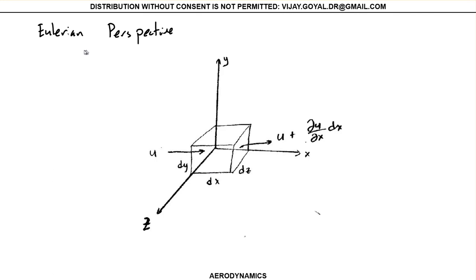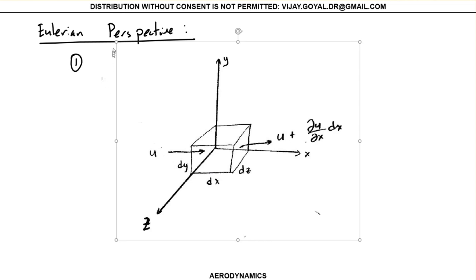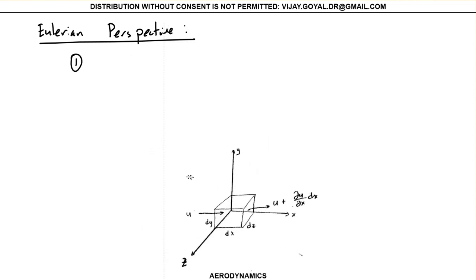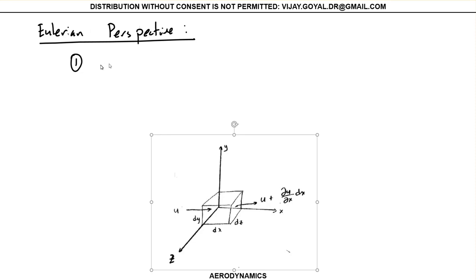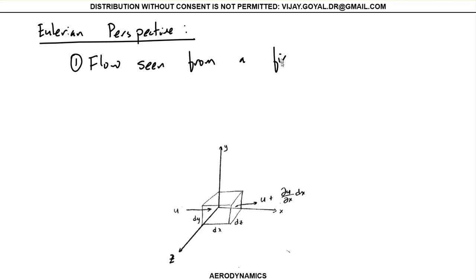Okay, so the Eulerian perspective is the flow seen from a fixed coordinate system.